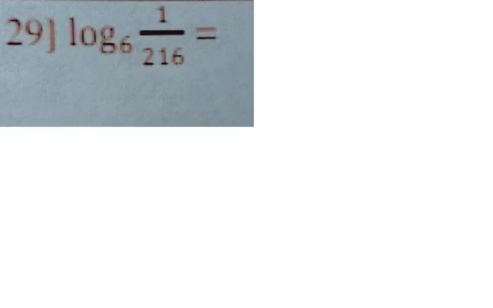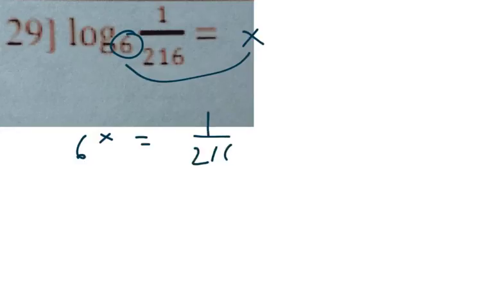All right, one more. Guys, because of the 6 power, I know I have 6 to some mysterious unknown x exponent. That's supposed to be 1 over 216. Now, guys, we just talked about 216. Isn't 216 6 times 6 times 6, or 6 to the 3 power?